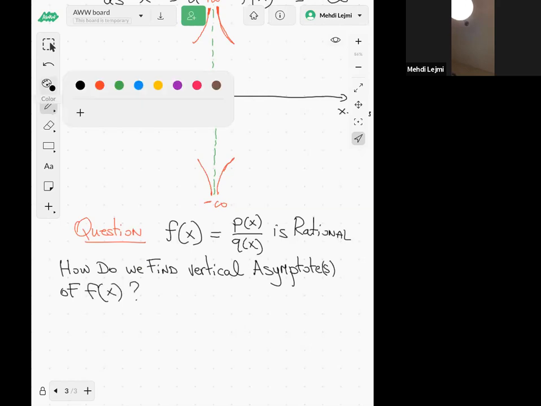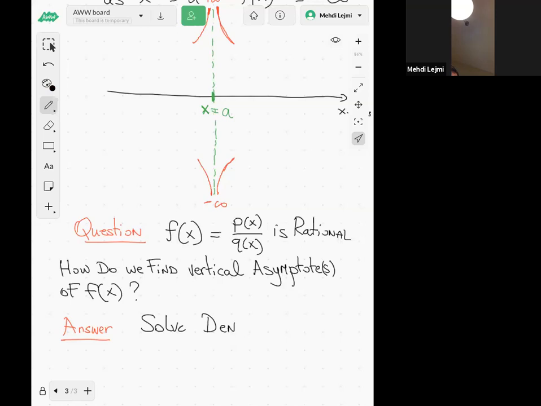Well, the answer is very short. Just solve the denominator equal to 0. The denominator is q of x, so in general, just solve q of x equal to 0.